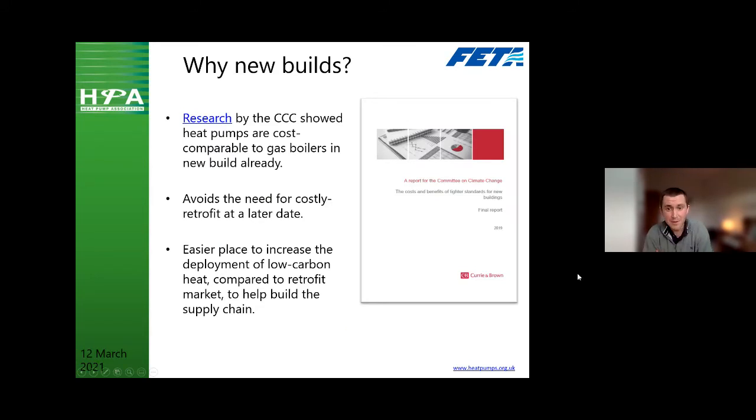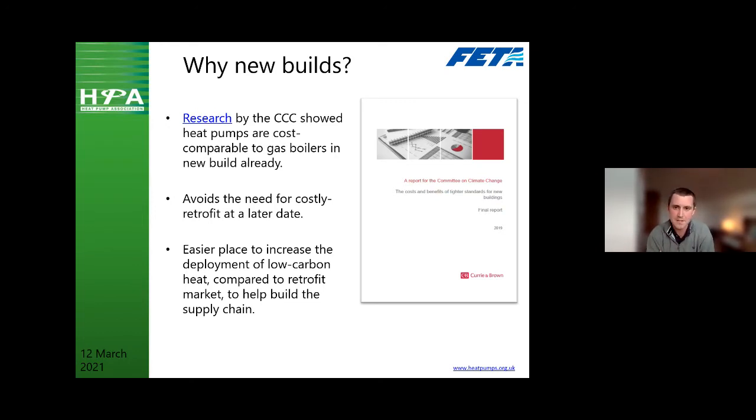So why new builds? Well, a lot of the rationale for that is underpinned by cost effectiveness, and research by the Committee on Climate Change has shown that heat pumps are around cost comparable to gas boilers and can even be cheaper in some cases in new builds already.